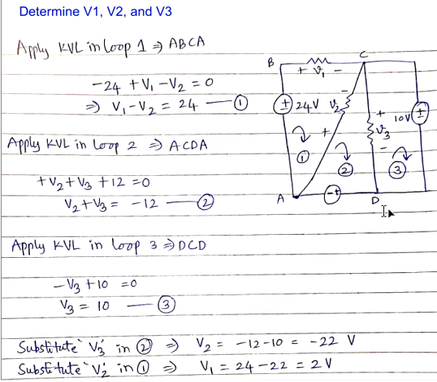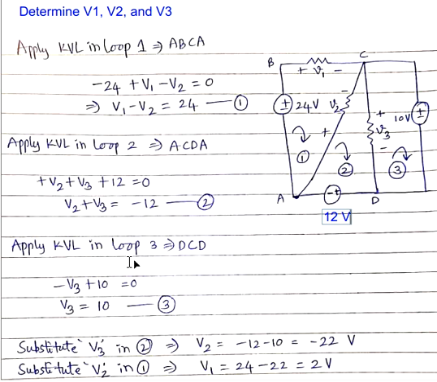Then for the branch CD, I am seeing plus V3, so I am writing plus V3. Then afterwards I am seeing plus, here it is 12 volts. Sorry, this 12 volts is not shown, so we can write it here. This is 12 volts. Fine. So equals 0. Then if you simplify this, you will get V2 plus V3 is equal to minus 12.